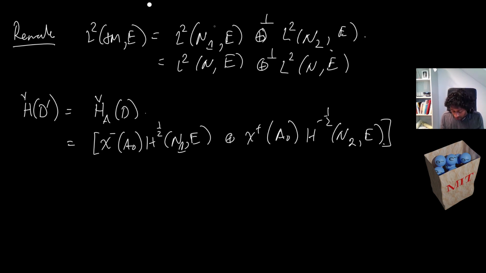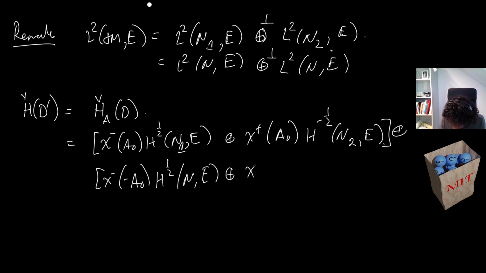So this is where the L1 corresponds to. So plus, now we have chi minus A naught H half N1 of E plus chi plus minus A naught H minus a half N, well, I'll put N of E here, right? I'm just going to drop, just like in the second thing, I'm going to drop these two.